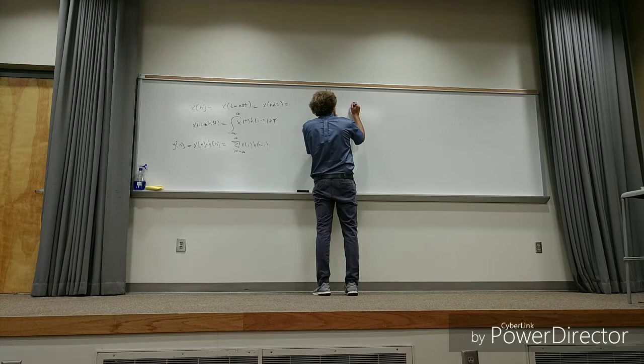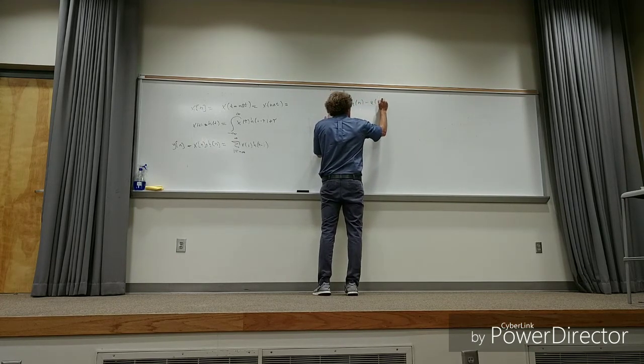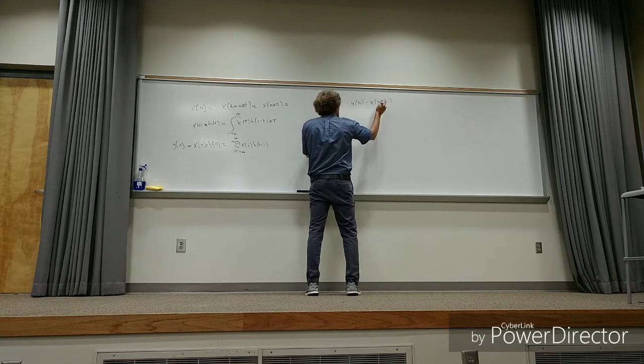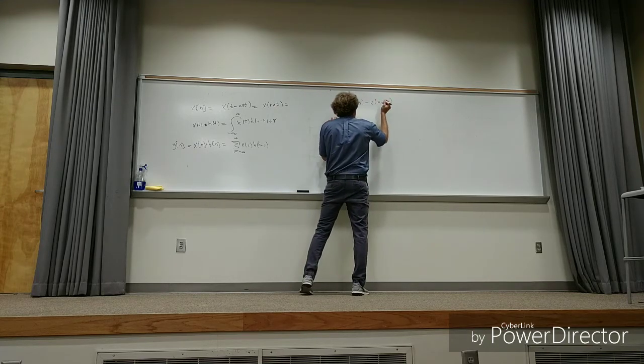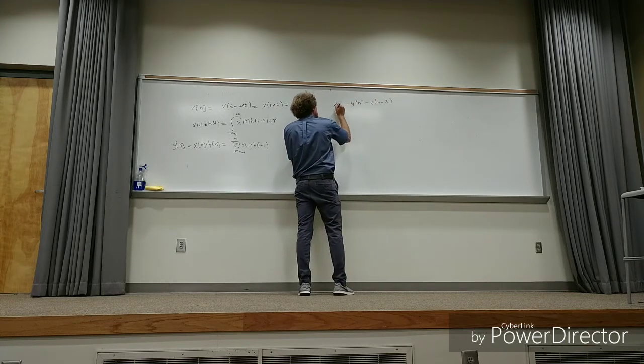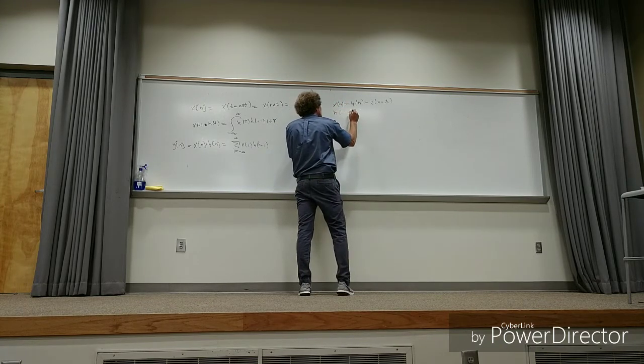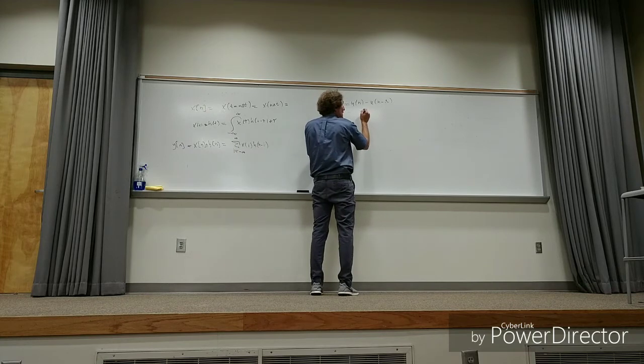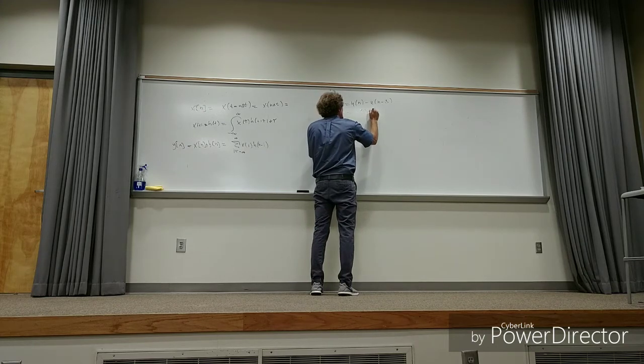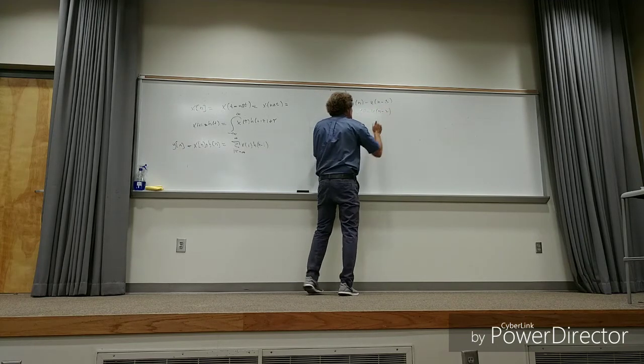I give you a function u of n minus u of n minus 3. Call that function x of n. And I'm going to say h of n is equal to simply u of n minus u of n minus 2.